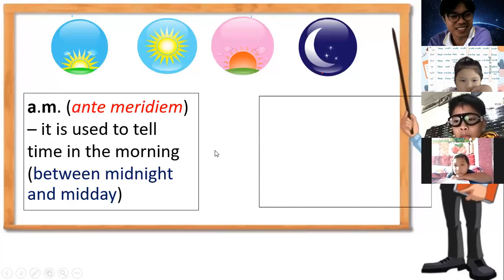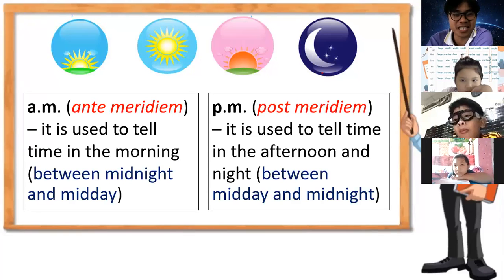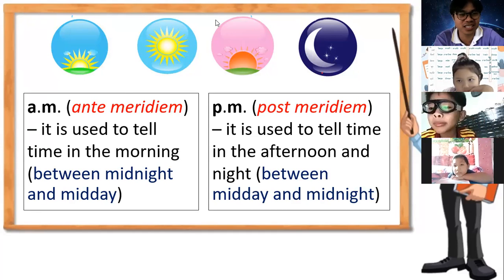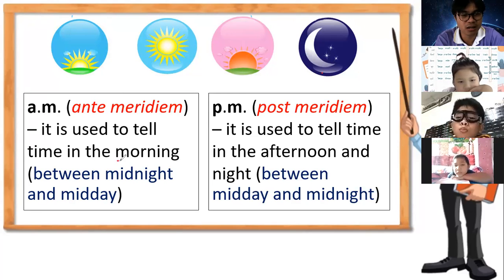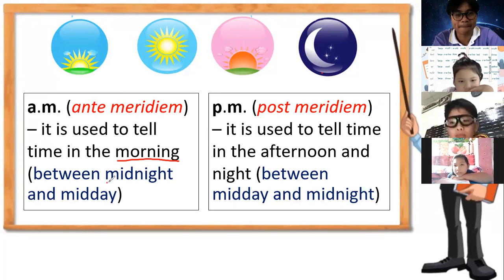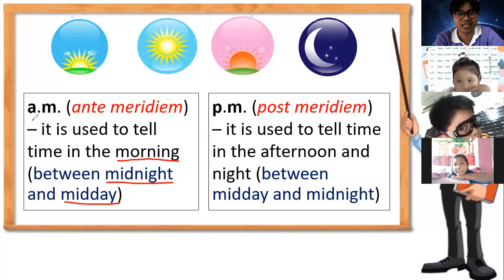Okay, so this is what we call AM and PM. So AM, look at the screen. It is used to tell time in the morning. AM, morning, between midnight and midday. From midnight until midday, that is what we call AM.